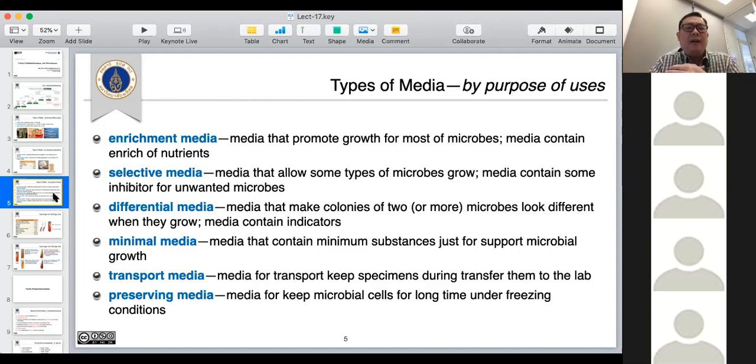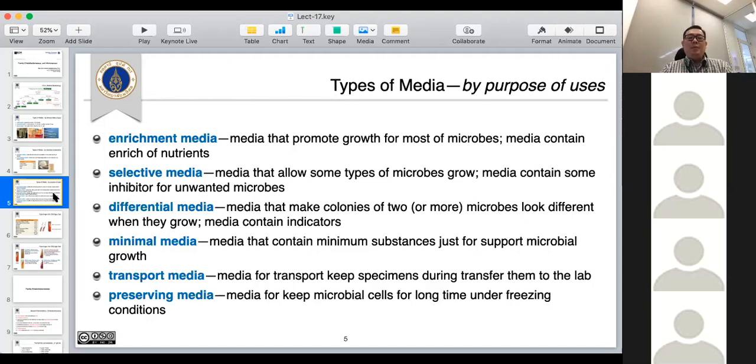A lot of the time, selective media and differential media are the same media, functioning as both. Minimal media contain just the minimum; sometimes minimal media can be selective because other bacteria that need many nutrients cannot grow in them.